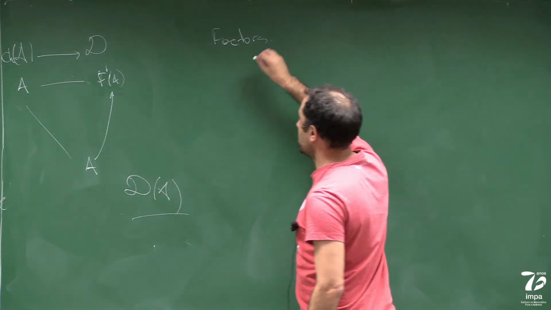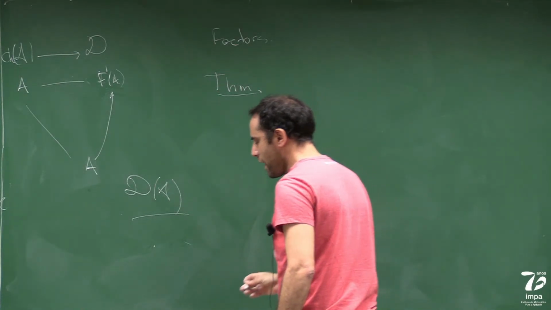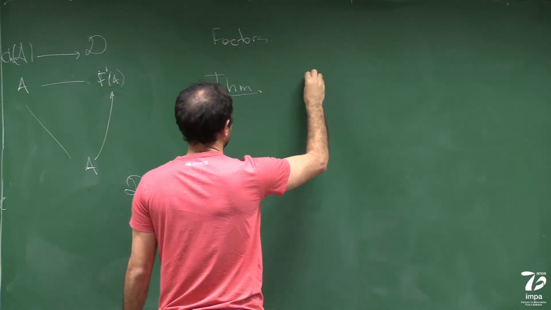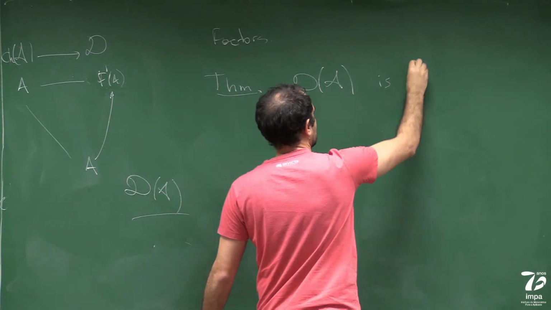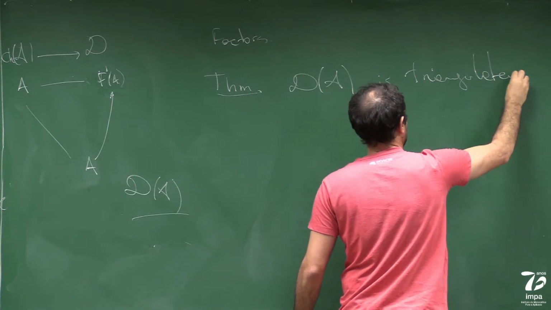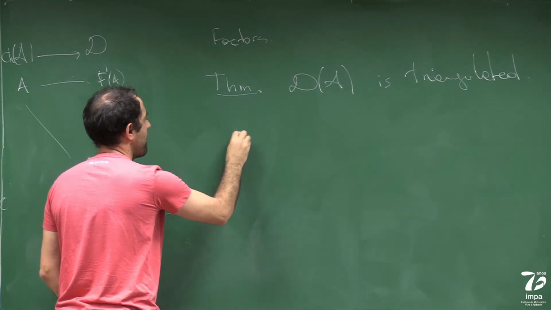Theorem, this category is triangulated. Well, now we have two things. We have, well, theorem, D of A is triangulated. And moreover, after the fact, what we have is this.